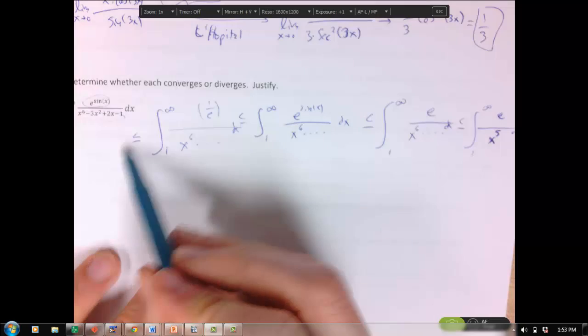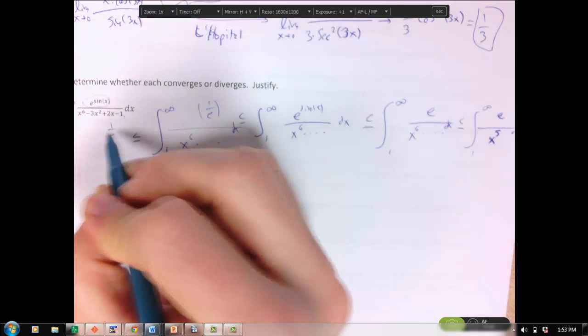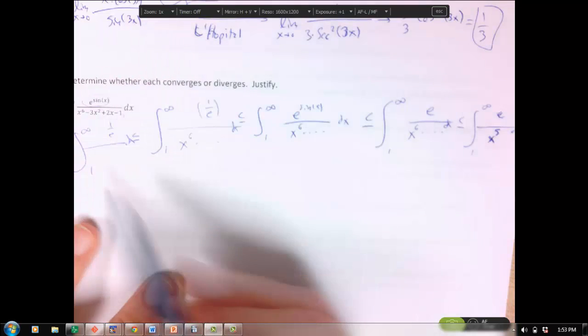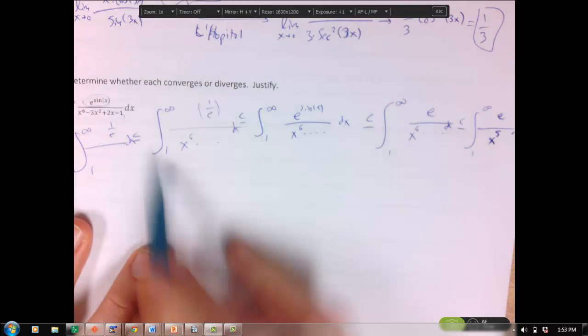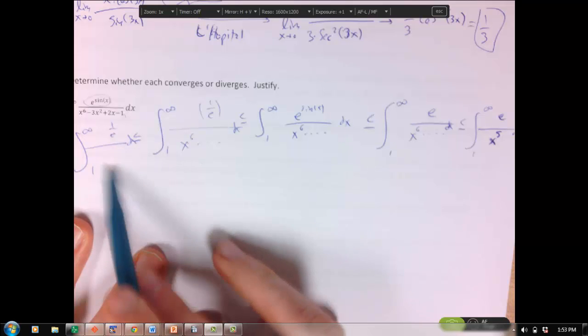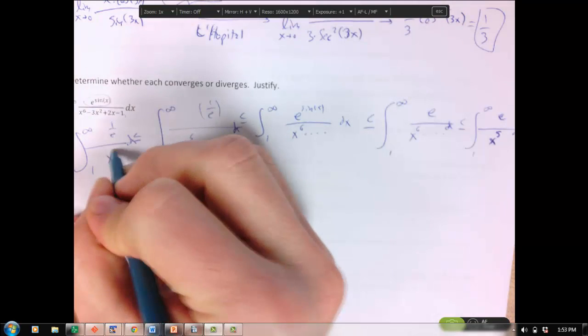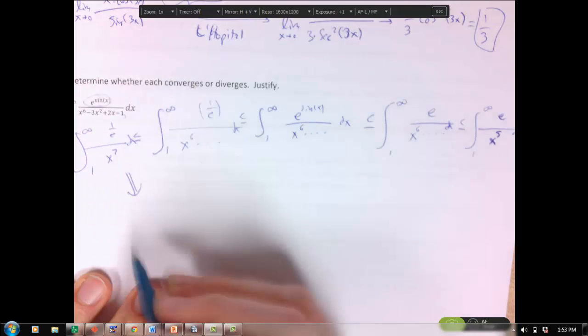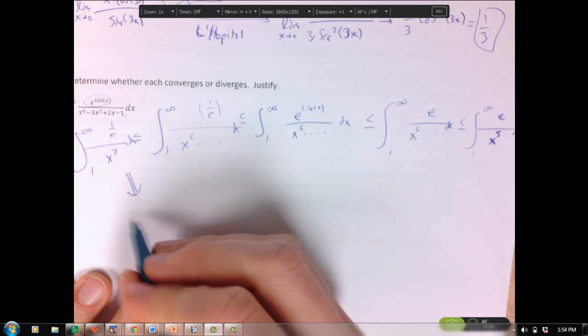So then on this other side, this is still a constant on top, and if I want something that is a smaller function than this one, I know this denominator has to be larger, so I can write x to the 7th here.